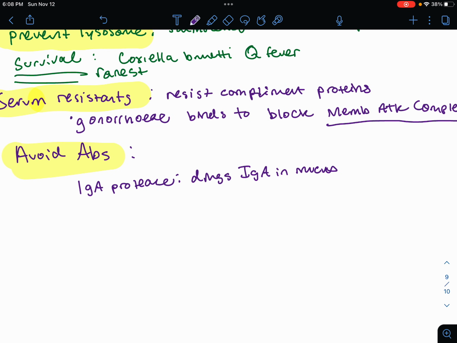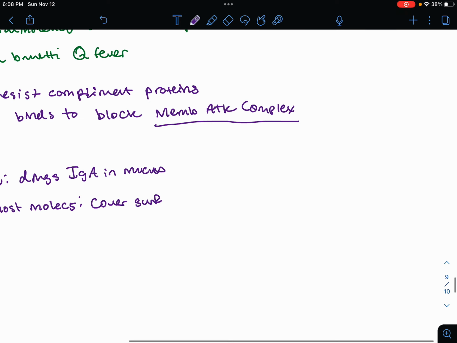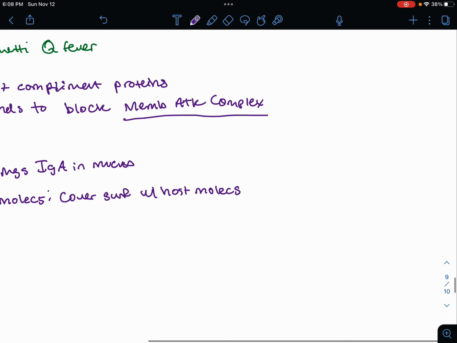And then there's also the mimicry of host molecules. So they're just playing like dress up. They're going to cover the surface with similar molecules, and therefore they appear to be part of the self. They're actors.